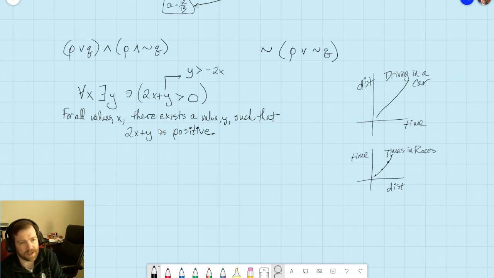Which also means that if x is a positive number, then y doesn't have to be that big. It could, in fact, be negative, if only slightly. But y can be anything larger than negative 2 times whatever x value was picked.